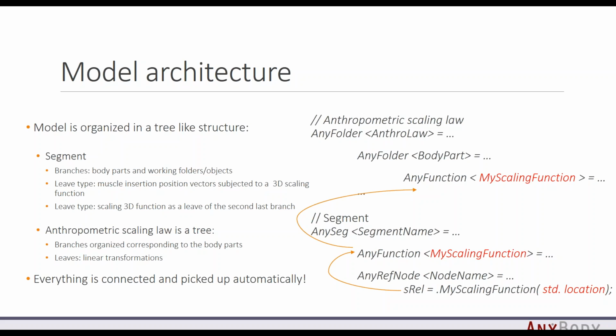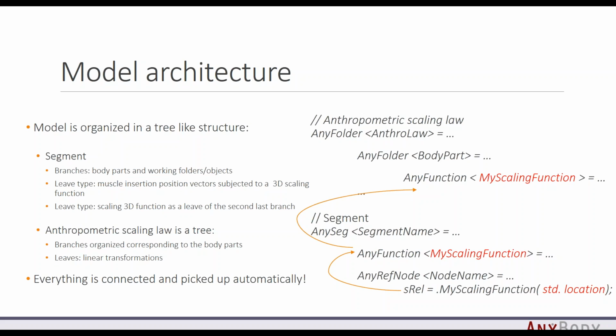And this scaling function is applied to a position vector and basically changes this position vector to be something else. And this position vector is actually the position of, let's say, one of the muscle attachment nodes that is inside of the segment, which corresponds to a certain body part that you see at the bottom.